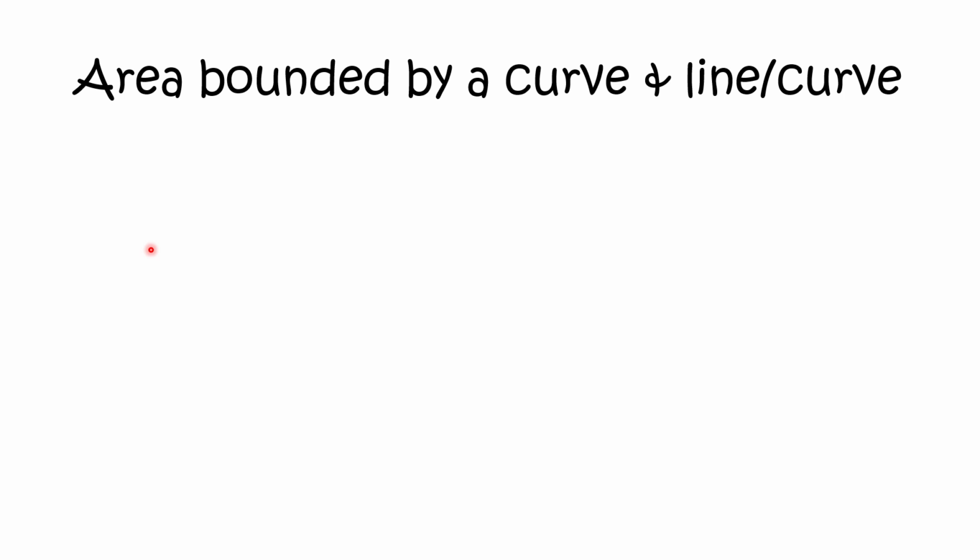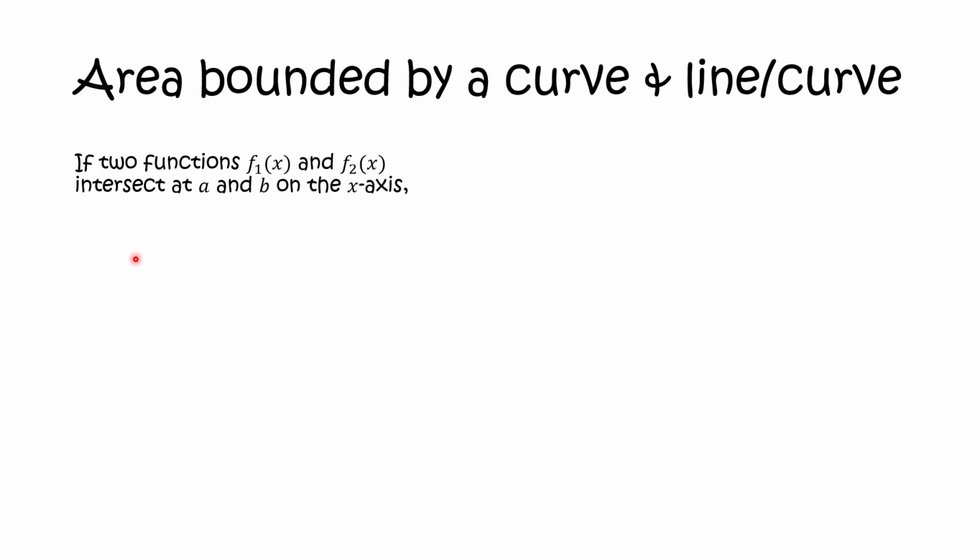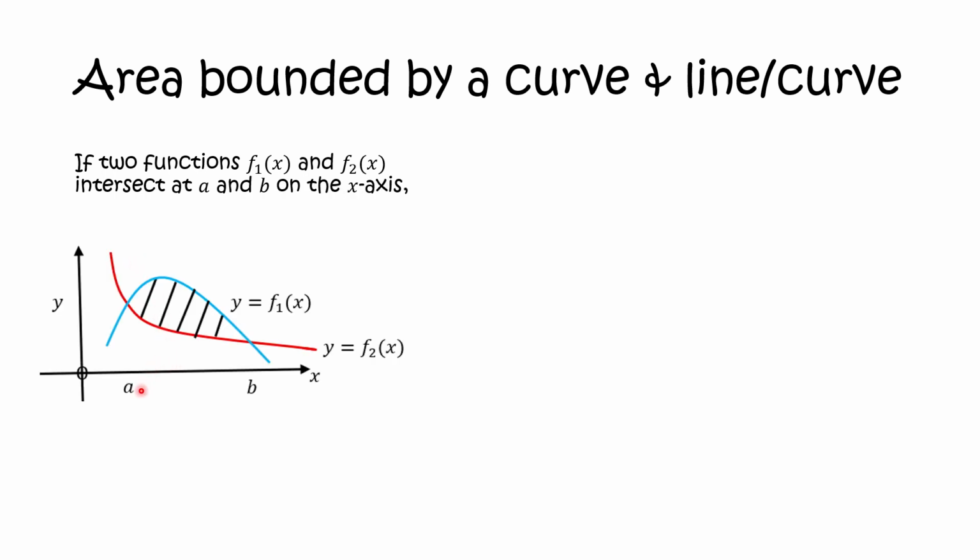Now, diving into today's business. If we have two functions, f1 of x and f2 of x, that intersect at points a and b on the x-axis, like the one presented in the graph here, we see that the first graph in blue, f1, is higher than the red graph f2.